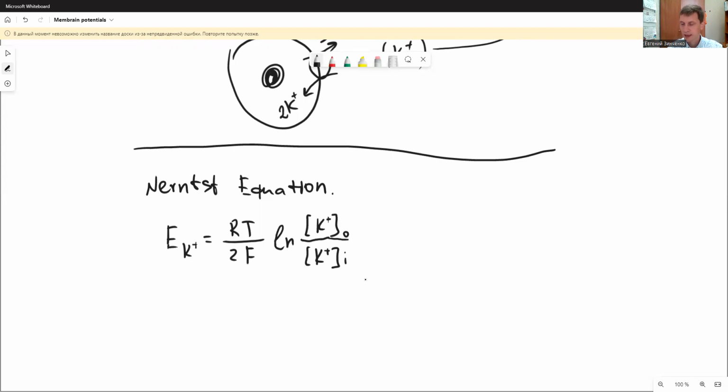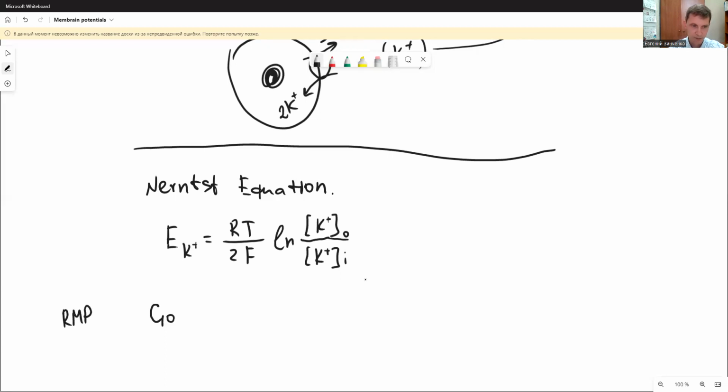But we cannot directly transfer this equation for calculation of membrane potential because the cell membrane is permeable not only for K plus ions in the resting period. Actually, we have a complex or combination of these permeabilities. So for calculation of the membrane potential value, it is a more proper variant for RMP calculation.